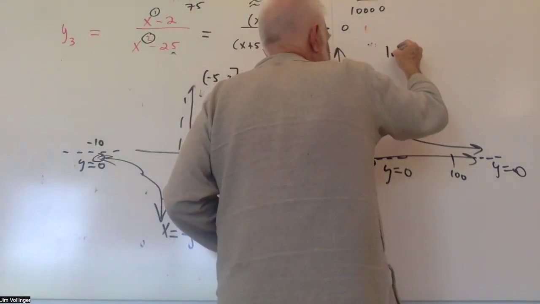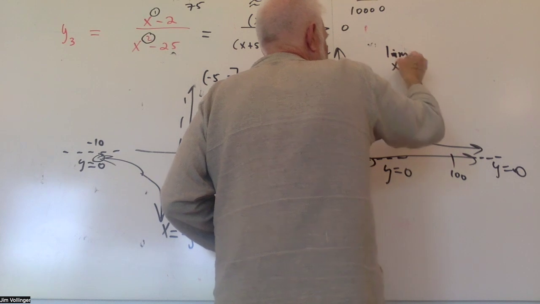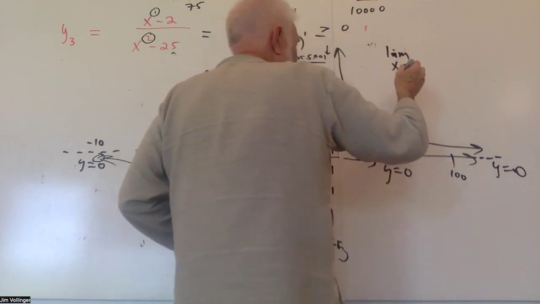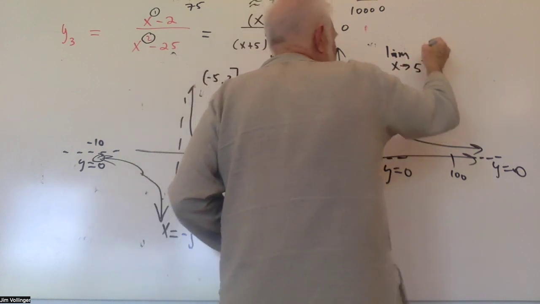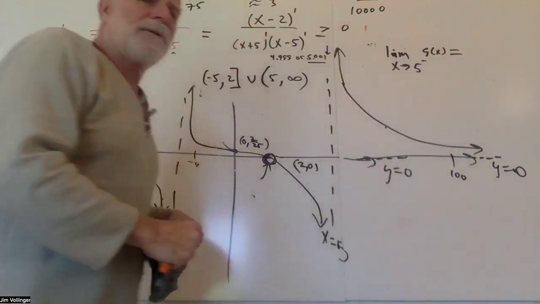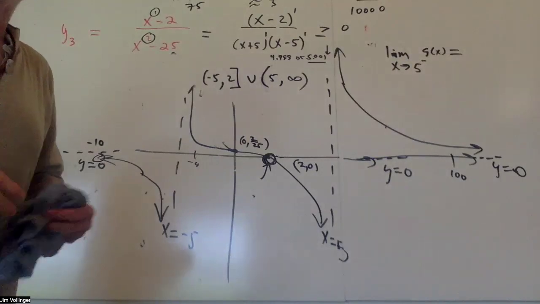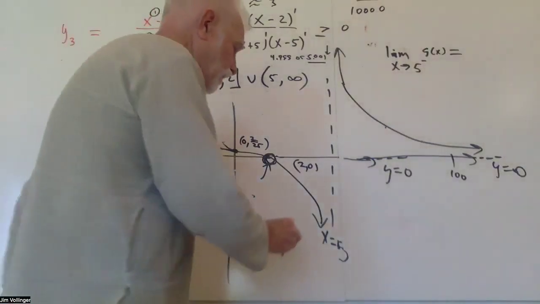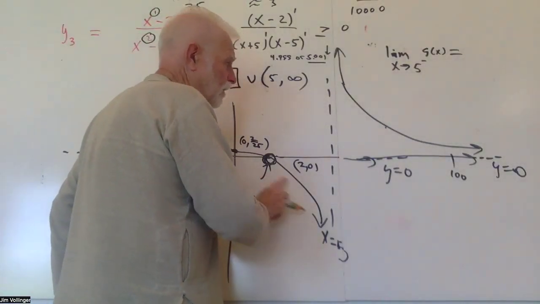So I'll pose a question. What's the limit as x approaches, how about we do 5? And I'll use that symbol. We'll call this g of x. All right, so you look at the graph and see if you can pause it. Okay. Hope you said as I move in from the left.